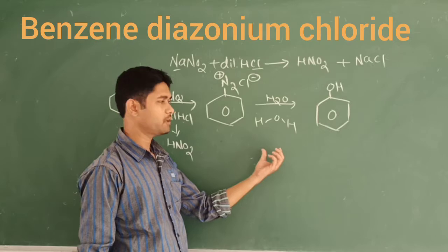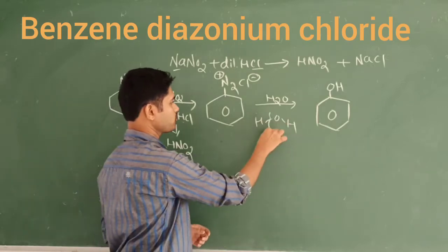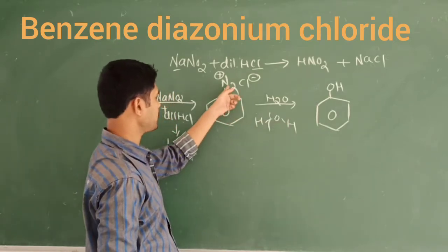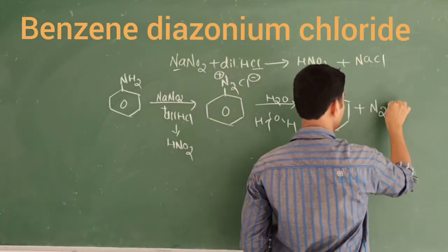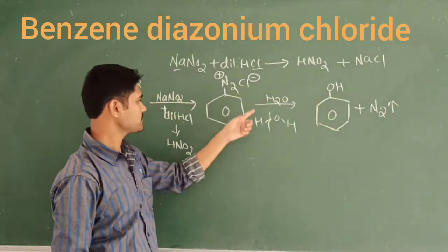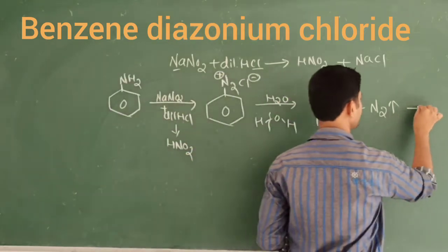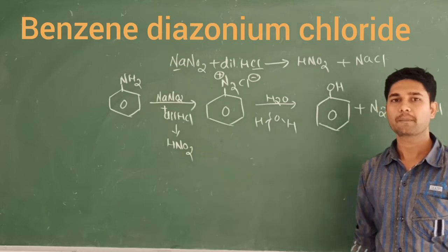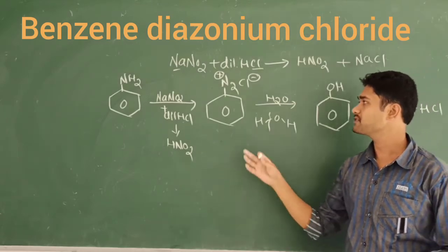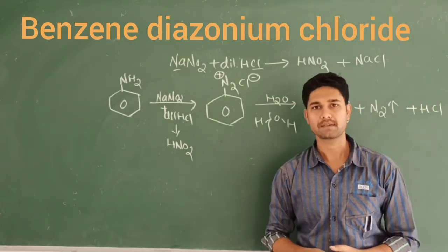Here we eliminate this: the OH group will be attached here, and nitrogen gas will be eliminated, and the remaining Cl minus and H plus will form HCl. So like this, we prepare phenol by using the benzene diazonium chloride salt.